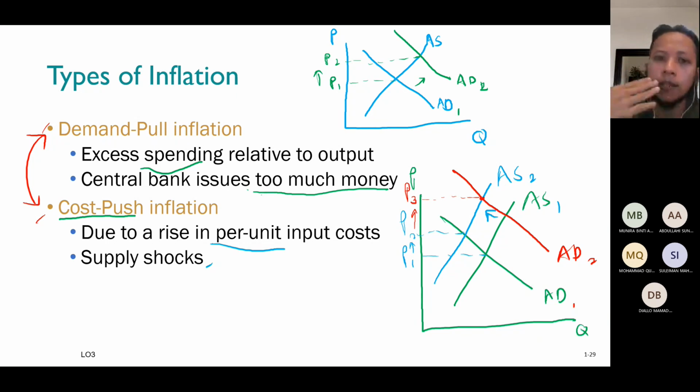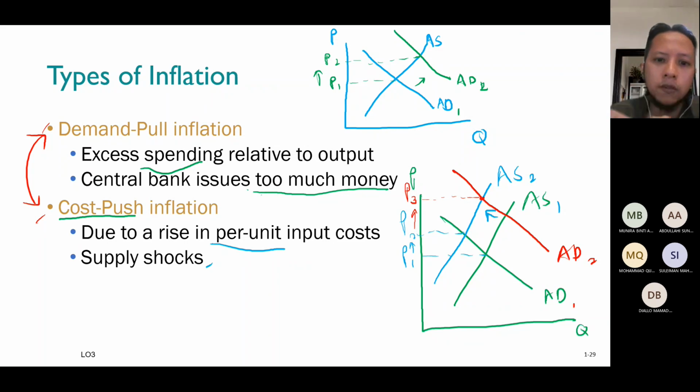And arguably, this is what is happening now in the current situation. If you read the news over the past few weeks, especially in the US and Europe, and we are also experiencing this in Malaysia, there is demand pull inflation because there is excessive spending, especially in the US, where many people have extra money to spend because the government gave money to people.